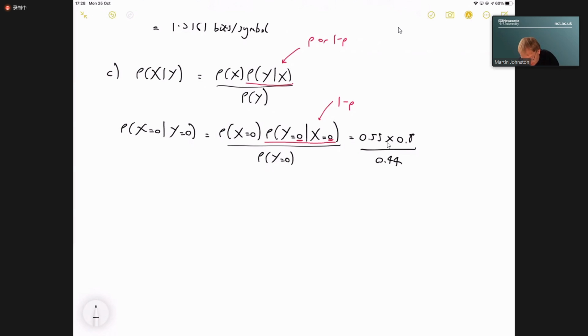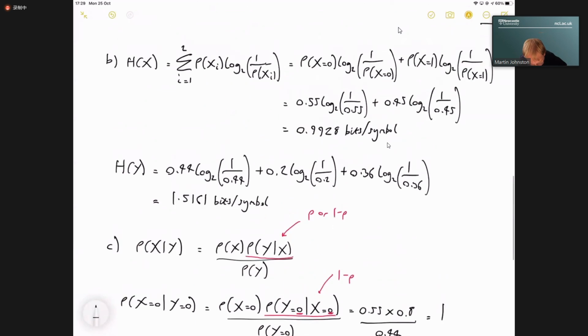And what you get is 1. So that was the surprising result that some of you got before. The first reaction is, oh, it can't be right. It's 1, that's completely certain. It must be less than 1, surely. And it's not. That's actually the correct answer.